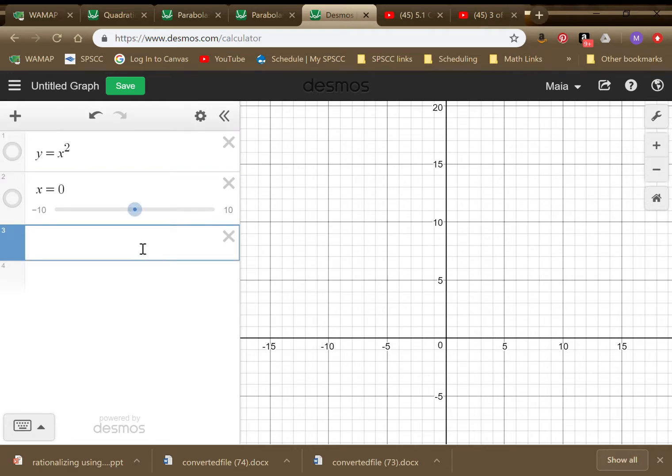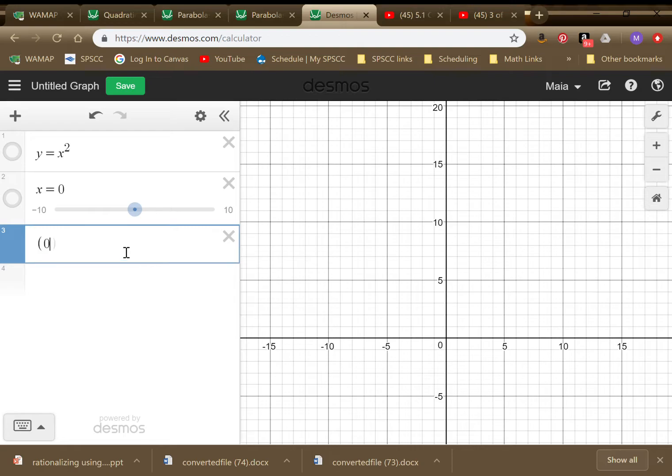If we're ever wondering what the graph of something looks like, we can always revert back to plotting points. And remember, if you have the equation f of x equals x squared or y equals x squared, that tells you how to find the points on the graph. The graph is a picture of all the solutions to the equation.